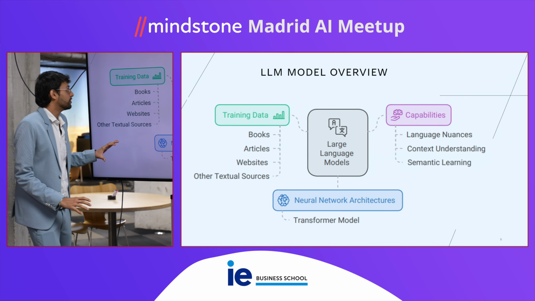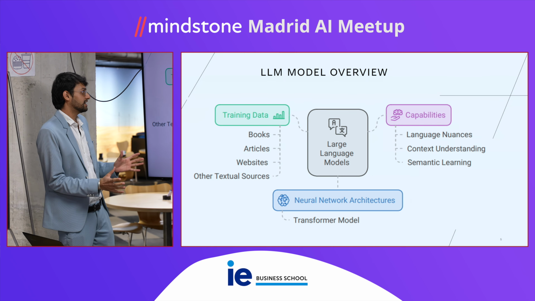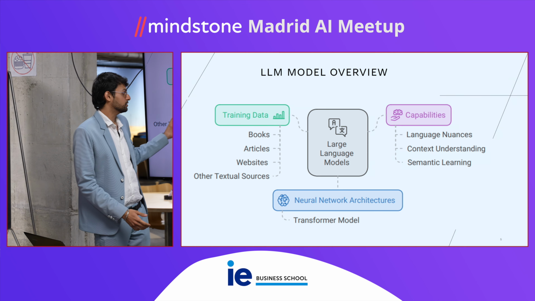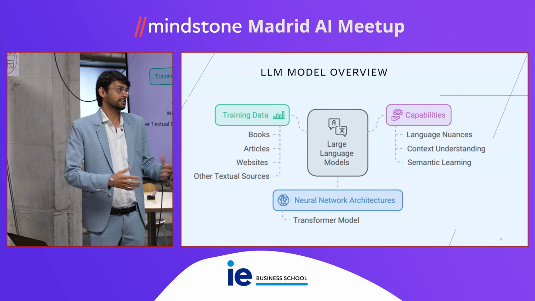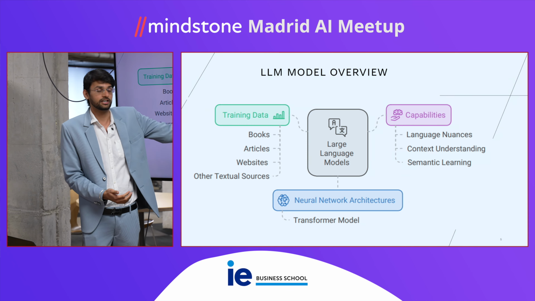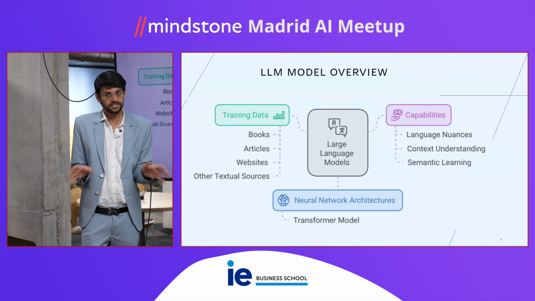Here is the overview of how a large language model works. You have all the resources which go into the neural network architecture. It trains, learns, and then gives the information. Super easy.